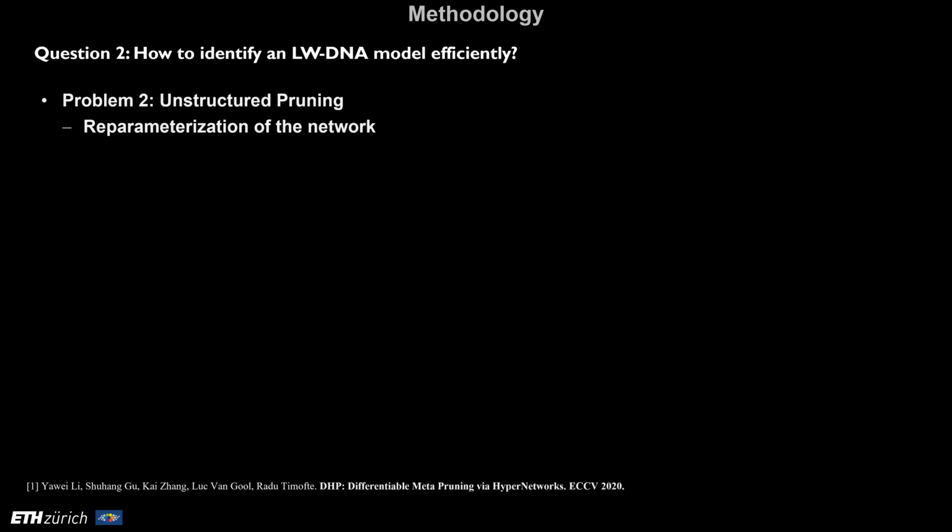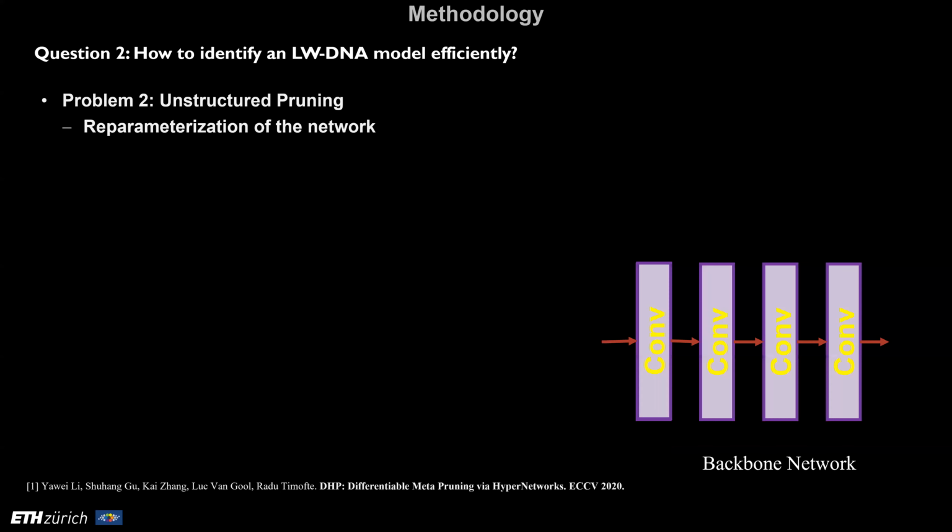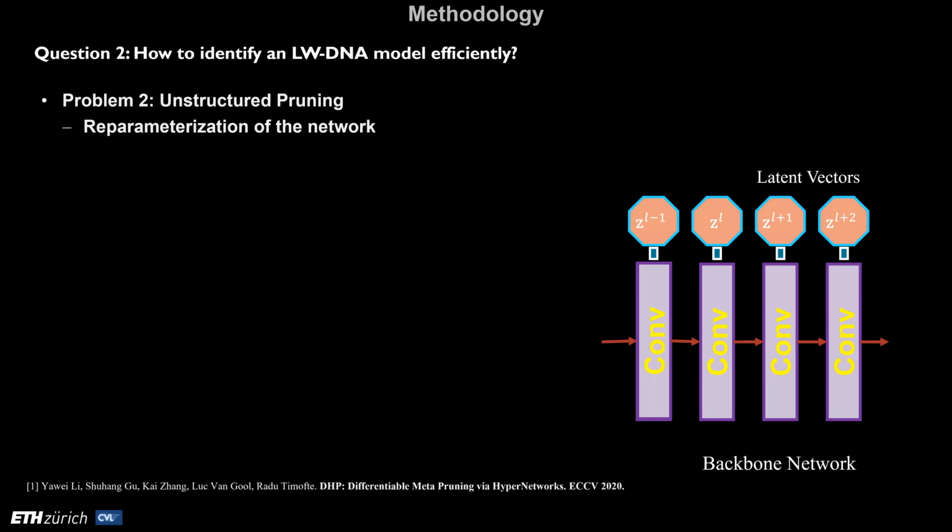And next, we try to generalize the single-shot pruning method from weight removal to channel pruning. So to solve this problem, we use the reparameterization trick. Imagine that we have a backbone network. To reparameterize the network, we attach latent vectors to the layers of the network.